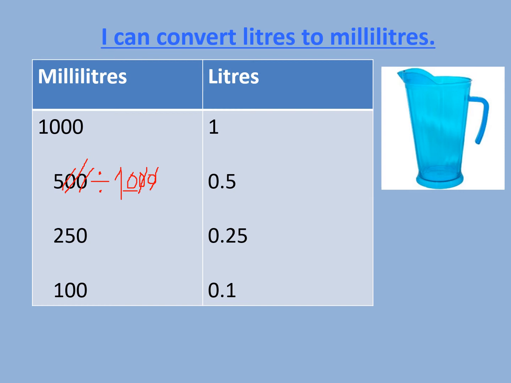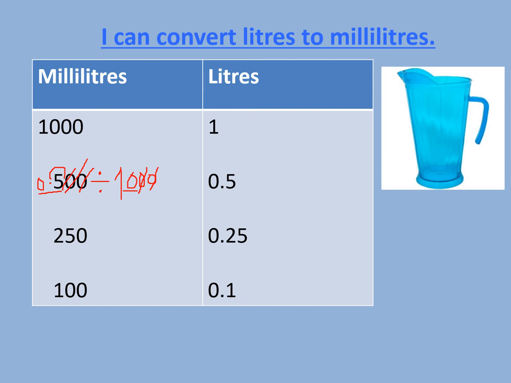Now we'll come here to 5 and we'll move our decimal point 1 time to the left. Okay, because we have 1 0 left in 1000, we are going to move 1 time and we'll put a point and add a 0 behind. So that's going to give us 0.5 liters.